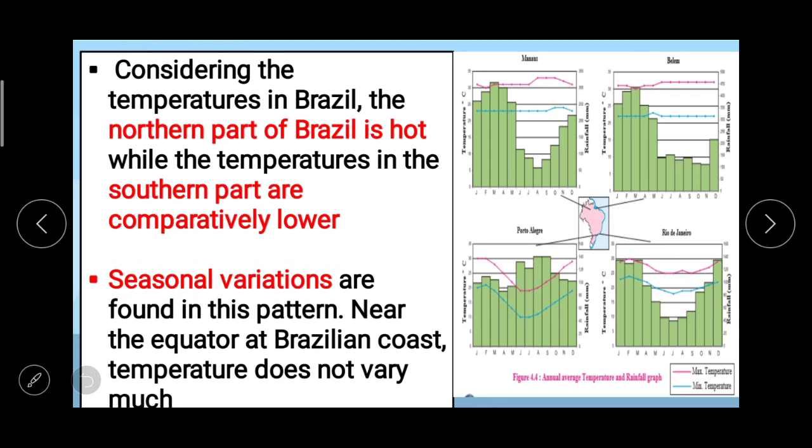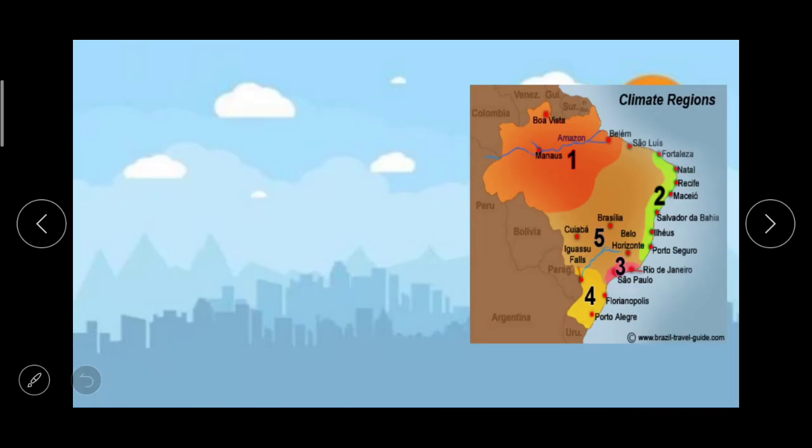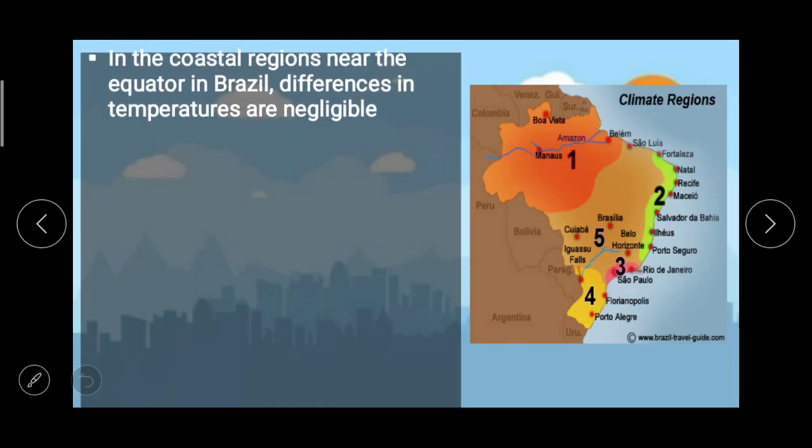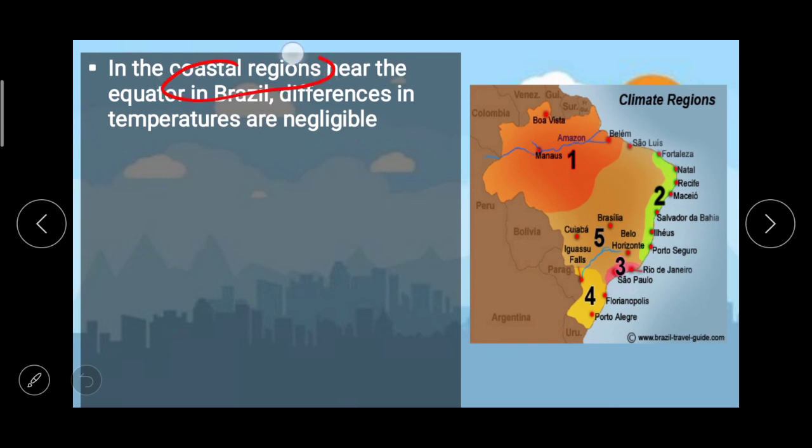Near the equator at the Brazilian coast, temperature does not vary much. If we talk about the coastal regions near the equator in Brazil, differences in temperatures are negligible.